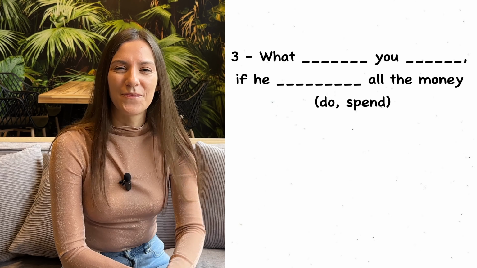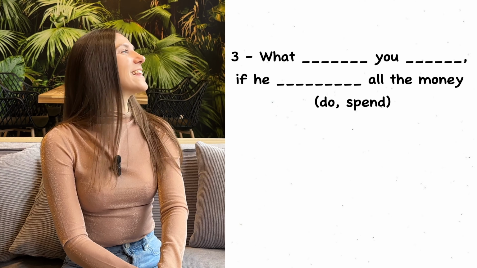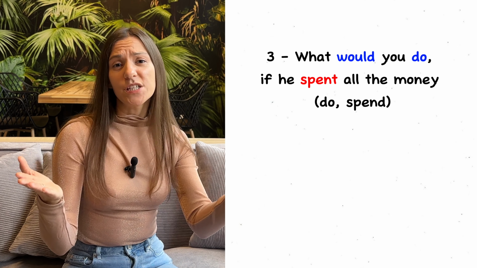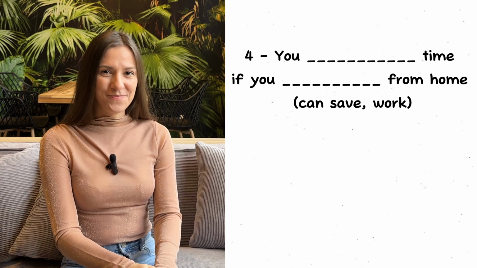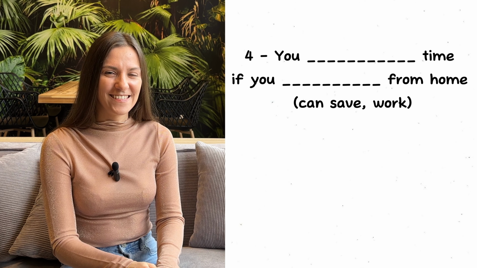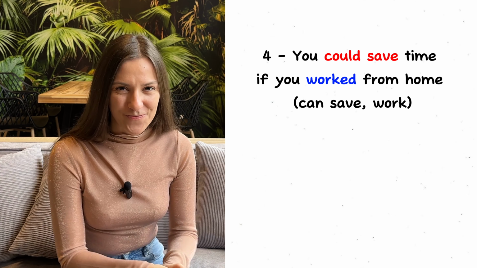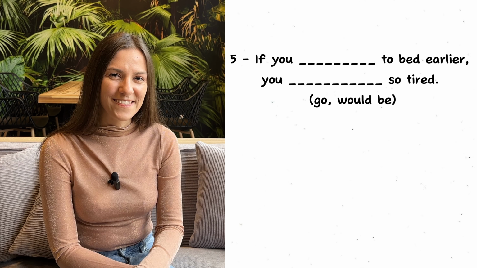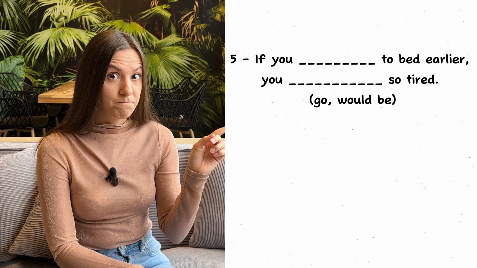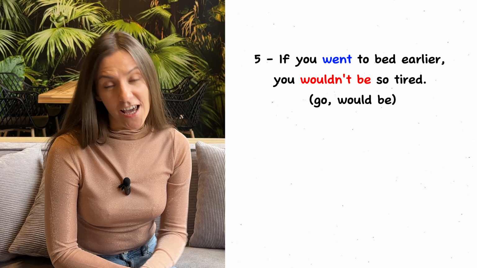Number 3. What would you do if you spent all the money? Number 4. You could save time if you worked from home. Number 5. This one is a tricky one. If you went to bed earlier, you wouldn't be so tired.